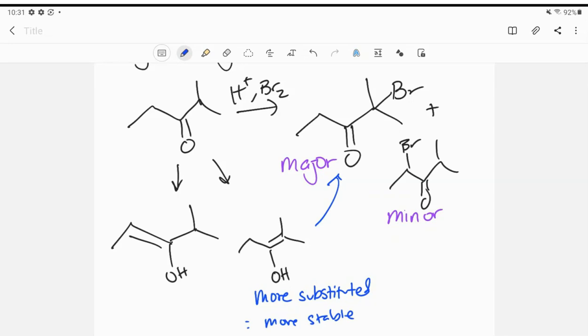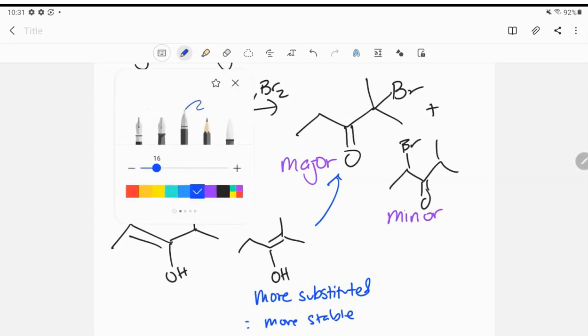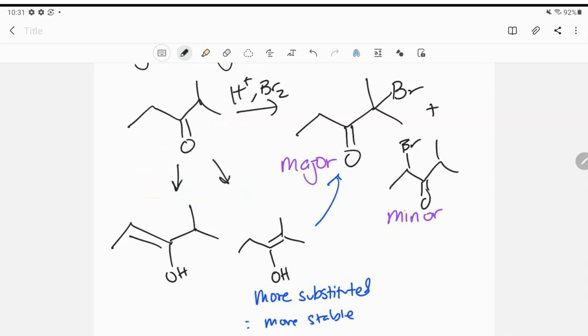And of course, if we were so inclined, we could deprotonate this and eliminate, but we don't need to. Let's look at a better mechanism for doing this, especially if we have carboxylic acids involved. No, we don't have time.